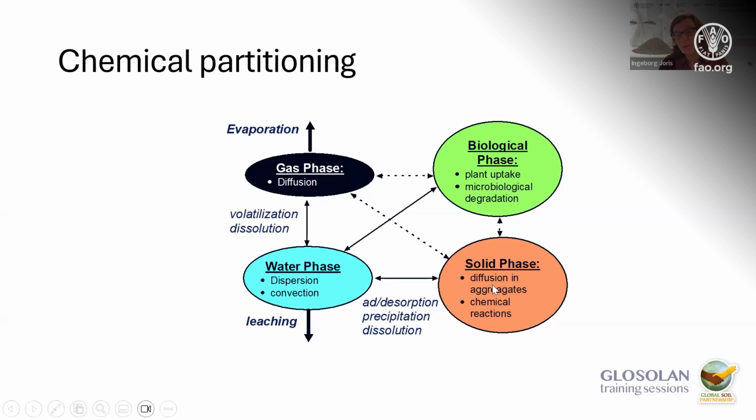It can also be diffused in aggregates of solids, so in aggregates of small particles. And in the water phase, it's usually the most mobile because it's in the water phase that solutes will leach to the groundwater. And there, your concentrations are subject to dispersion and convection. And from the water phase, you can have leaching to the groundwater.